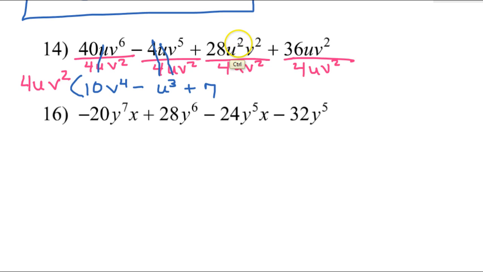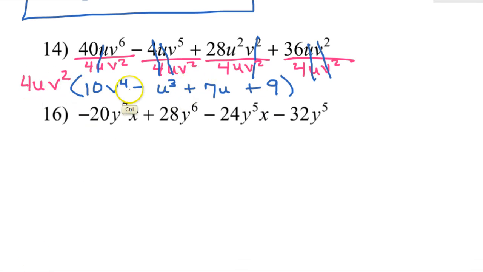Okay, the u's, 2 minus 1 is 1. So there will be 1 u left. The v squareds cancel each other out. 36 divided by 4 is 9. The u's cancel out and the v squares cancel out. So it'll just be 9. So this is the answer to number 14.